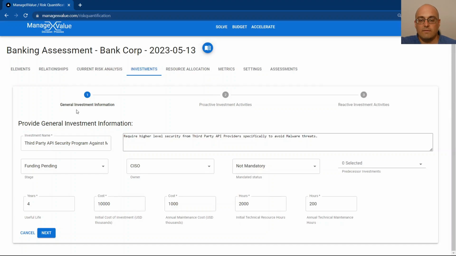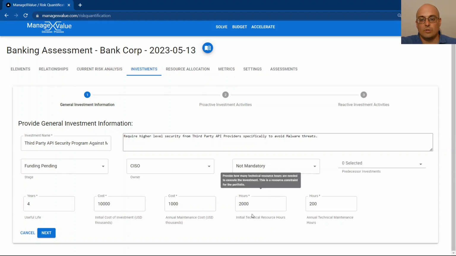So when an investment is defined or planned, you can see that it's very important to really describe what needs to be done, who the owner is, whether it's mandatory or not, whether there are predecessors or there are connections or dependencies between investments. This type of detail is for another video, focusing on portfolio prioritization when you have to deal with risk mitigation investments.